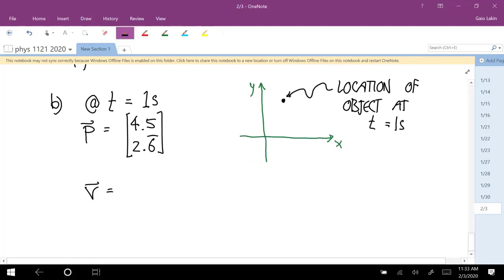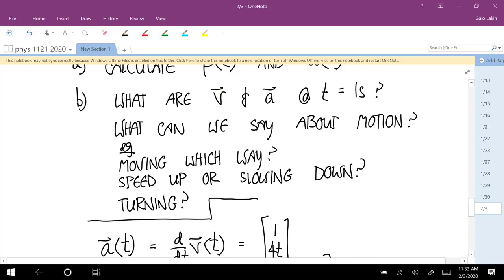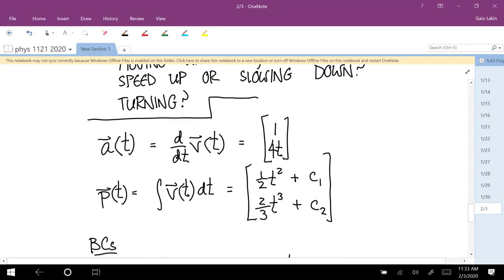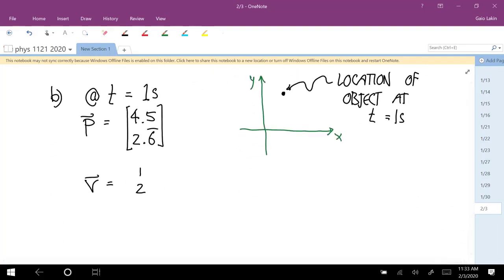So the velocity is 1, 2. By the way, this one would have units of, I don't know if I gave any units, but it has to have units of length. In most cases in this class, that would be meters. This would be units of meters per second or some kind of length per time.